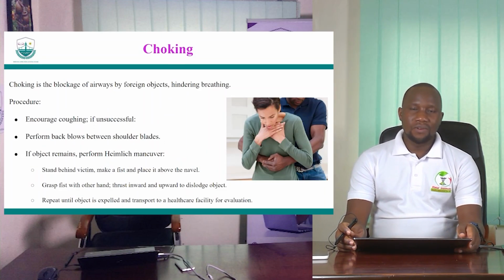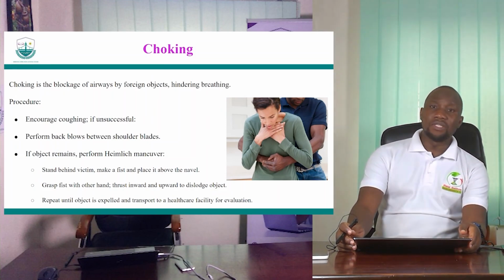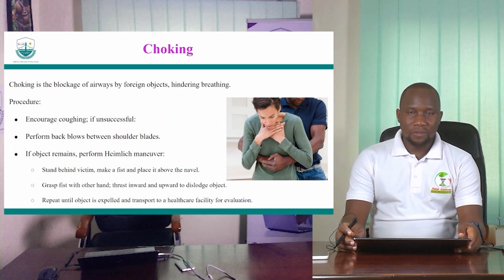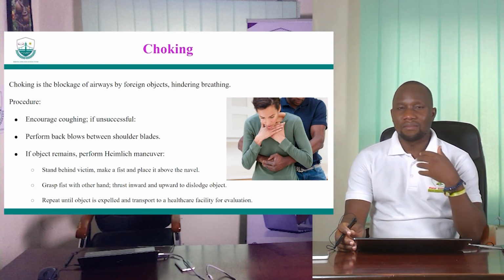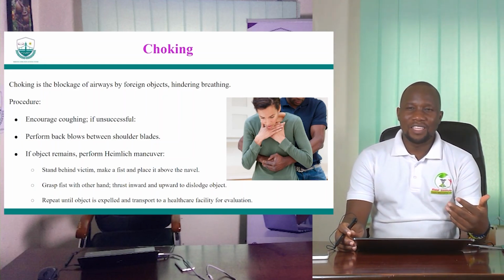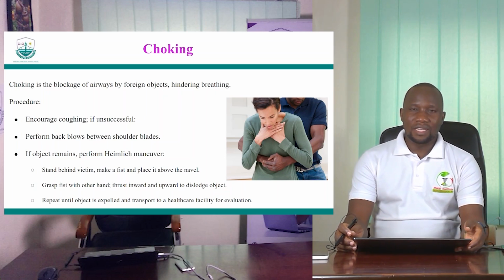Choking is when your airway becomes blocked because of a foreign object. It can be food. Okay, so how do you notice that someone is choking? They start to actually get difficulty in breathing. They are coughing, so you know that this person is actually choked.